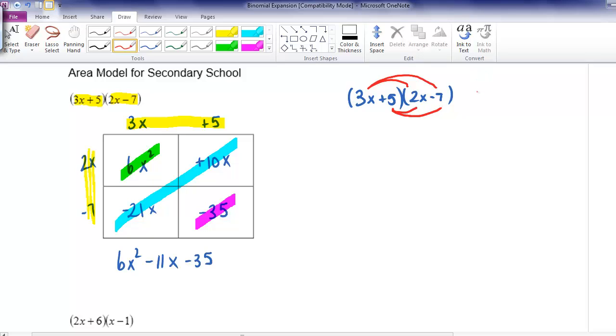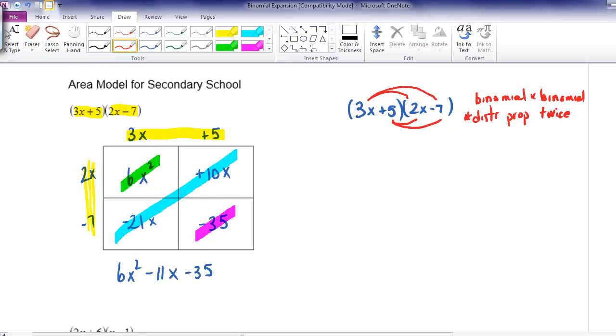And what I hope you see is that in doing a binomial times a binomial, we have just used the distributive property twice. This is what you've done. If we took away the 3x, we're multiplying the 5 in. If we took away the 5, we're multiplying the 3x in.